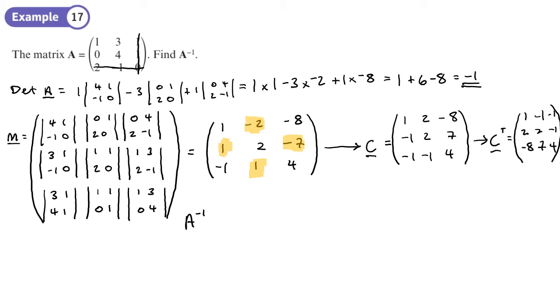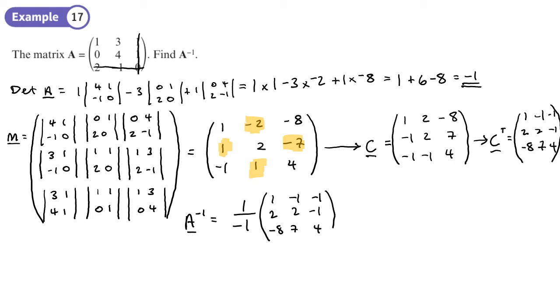The inverse is now equal to 1 over the determinant, 1 over minus 1, times that transpose matrix. So 1, negative 1, negative 1, 2, 2, negative 1, negative 8, 7, 4.